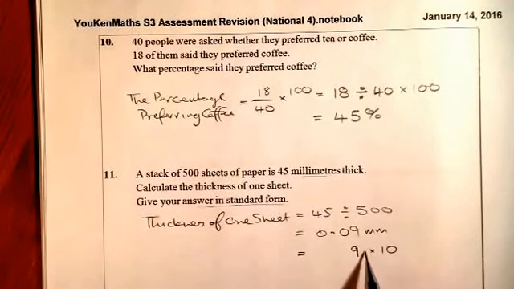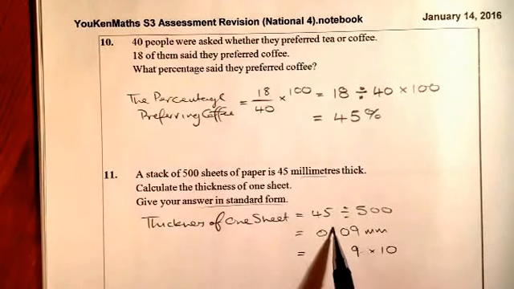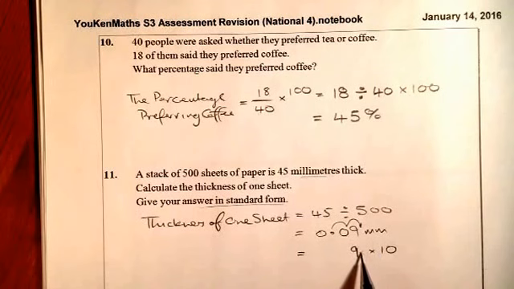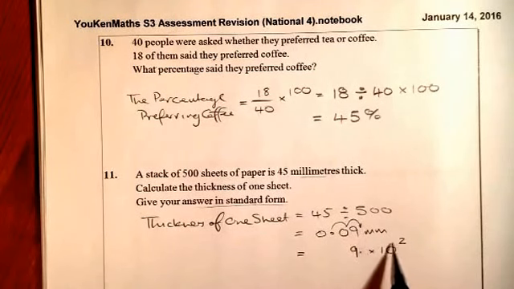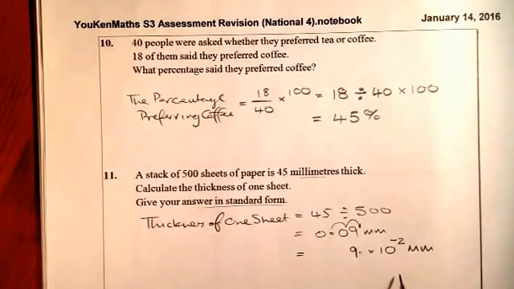It's like 9.0 because I just need the number before the first decimal point. And I'm going to see how many places I have to move that. So I'm moving it 2 places to get the decimal point into there, and that's going to be 2. But because that's a really small number and I'm moving the decimal point to the right, it's minus 2 millimeters. And that's my final answer for that question there.